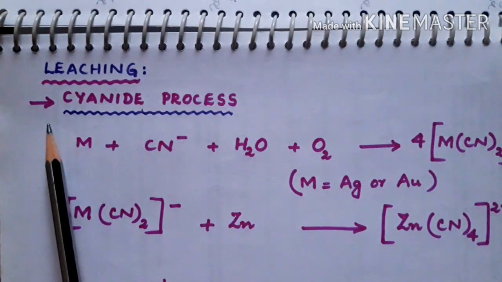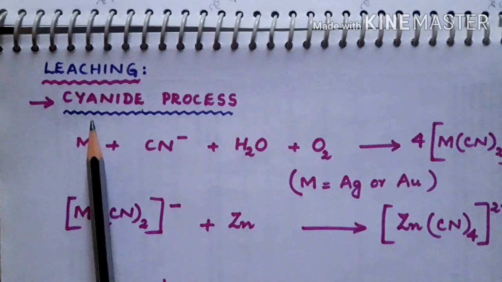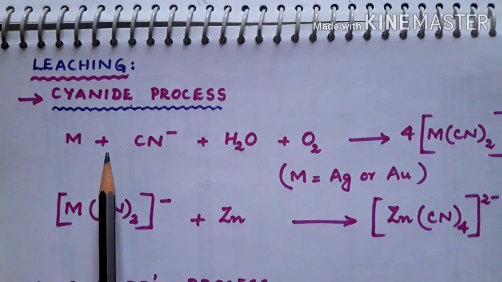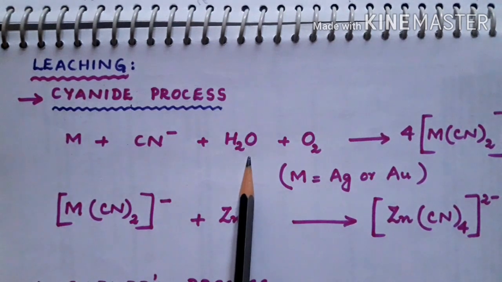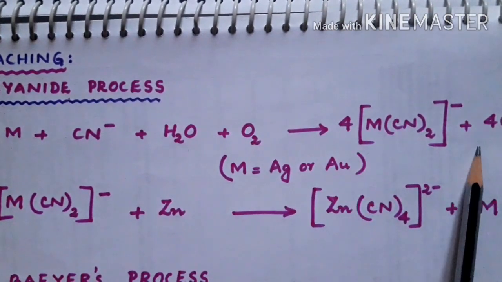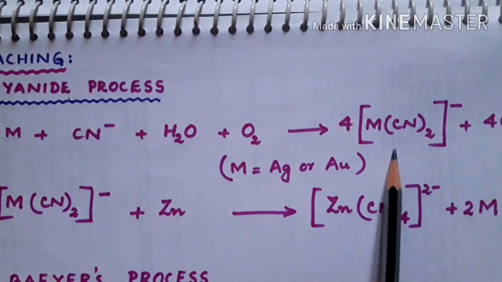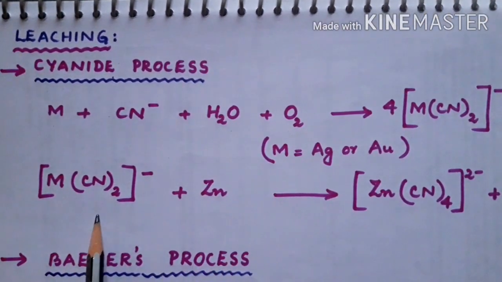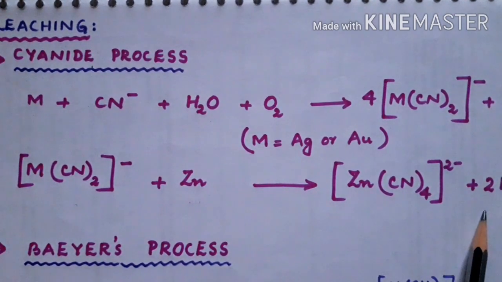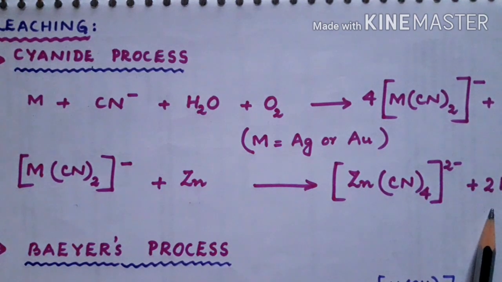If it is leaching for noble metals, the process is known as the cyanide process. Here, the noble metal is treated with cyanide solution in the presence of air to form a complex along with alkali. This complex formed is further treated with a more reactive metal, zinc, to form the complex of zinc, displacing the noble metal. Likewise, we are able to separate out only the pure metal from the compound.